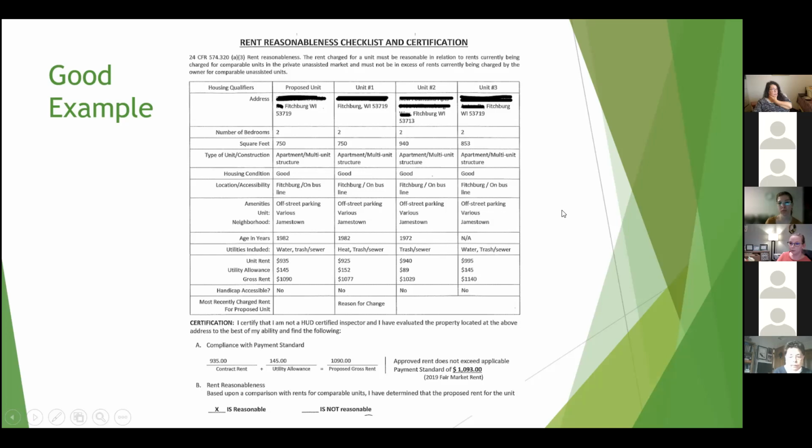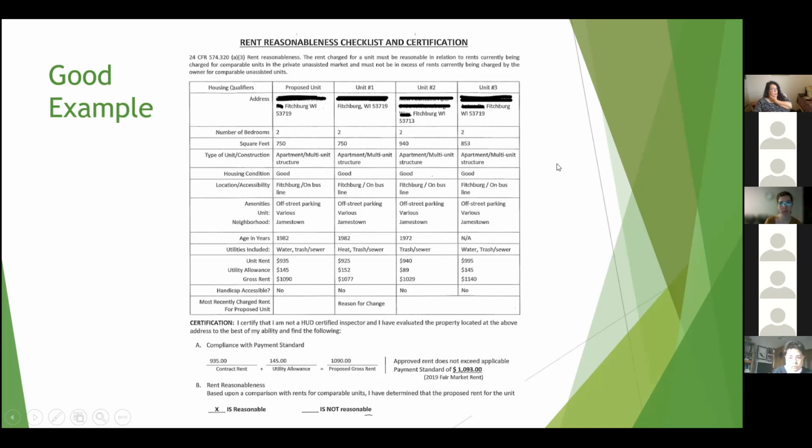The other thing that reminds me is that sometimes you simply cannot find a comparable unit. Maybe it's a really high number of bedrooms, or maybe you needed an accessible unit. That's okay, but when that happens, you just need to note that on the form. I've seen some where the person needed a 4-bedroom and they were only able to find 1 comparable unit or 2.